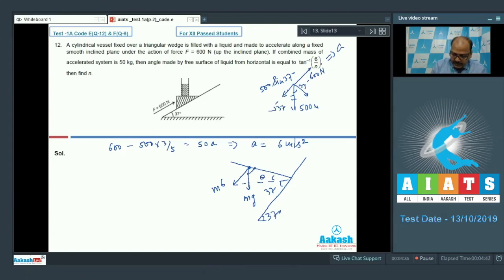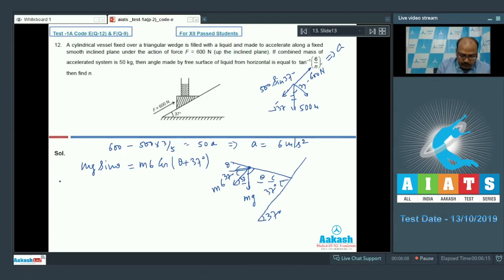This angle is 90 degree minus theta, so it means mg cos 90 degree minus theta or mg sin theta equals component of this force along this incline. Now if we draw these angles, this angle is also 37 degree. This angle is theta, and this angle is also 37 degree, which means mg sin theta equals m into 6 into cos theta plus 37 degree.